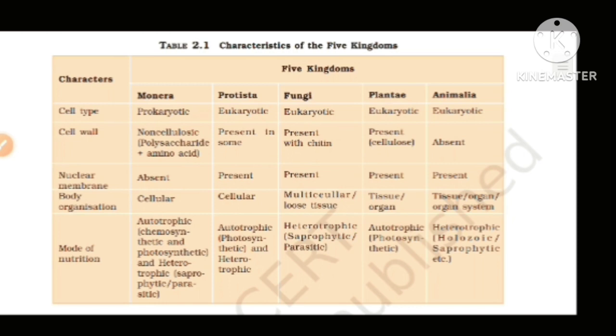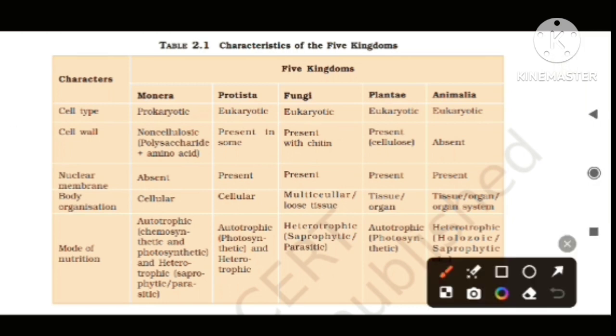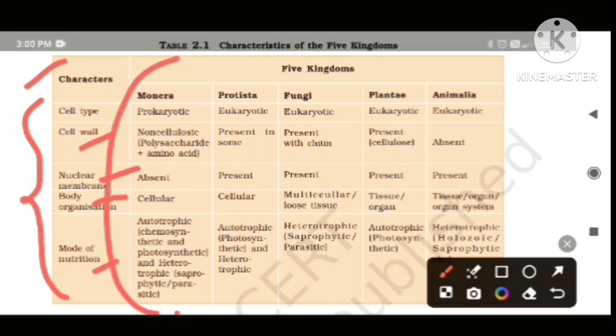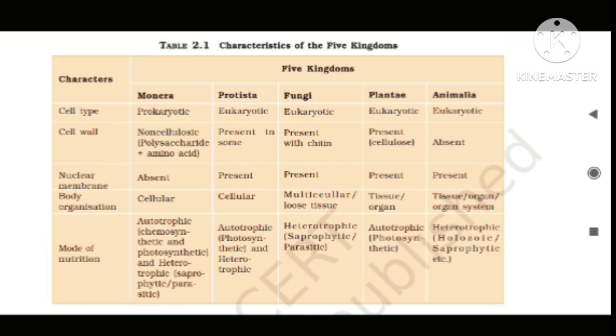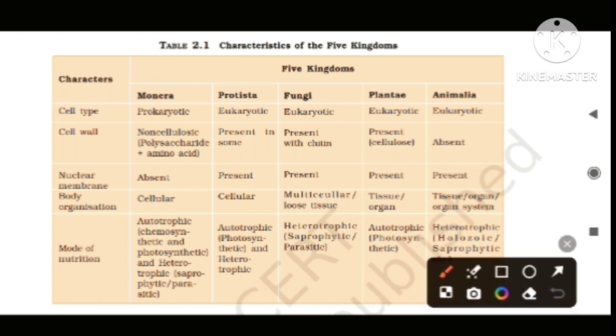Yes, cell type. We have characters like cell type, cell wall, nuclear membrane, body organization, and mode of nutrition. Monera is a kingdom, and next Protista, Fungi, Plantae, and Animalia.